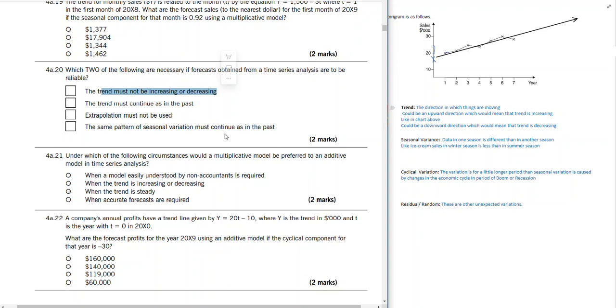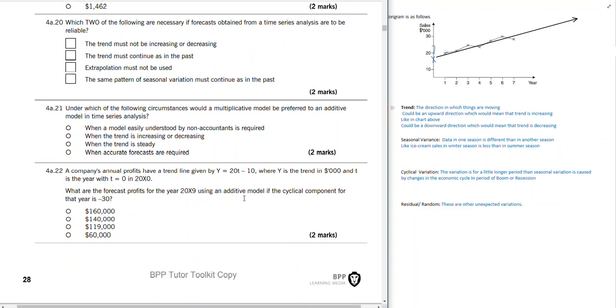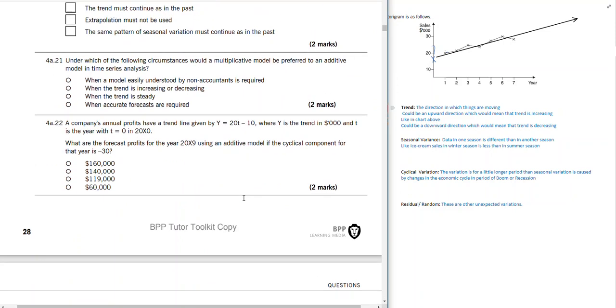It is not a problem. Trend must continue as in the past. That is correct. So it should be the same as the past. Extrapolation must not be used is not correct. The same pattern of seasonal variation must continue as in the past. Yeah, the seasonal variation and the trend should be correct because these are the two things that we use in our time series.